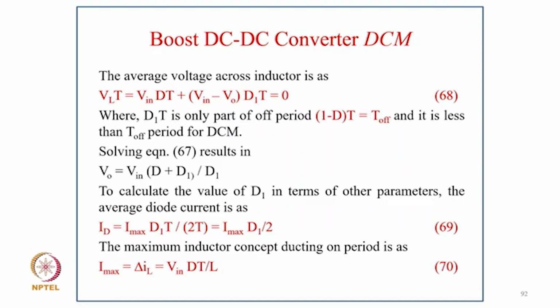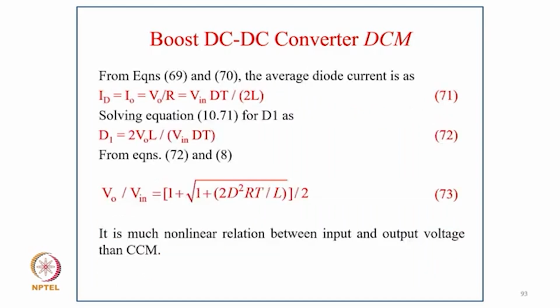The maximum inductor current during this period is I max equals delta IL, that is V in DT upon L. From these equations we can find the average diode current ID equals IO average, equals VO upon R, equals V in DT by 2L, and solving this equation, D1 becomes 2 VO L divided by V in D T, from which we can find V upon V in equals (1 plus square root of 2 D squared R T upon L) divided by 2.